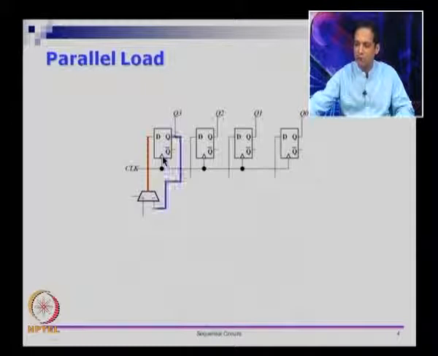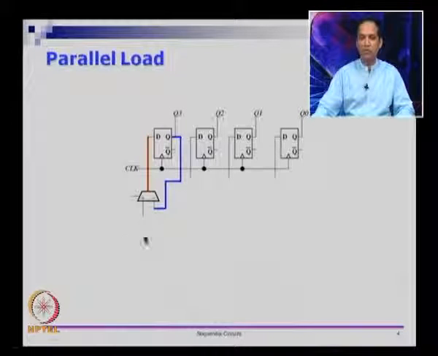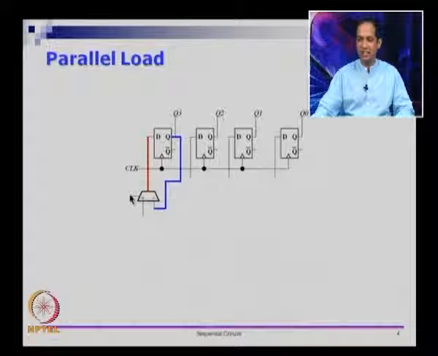So let us do it for one flip flop first. If you now look at this picture, either the external world input would come into D, or the previous value that is stored in that flip flop will be fed back, based on the condition that you put for the select signal here. I hope that is clear. If you put select as 0, then it will load from the external world.